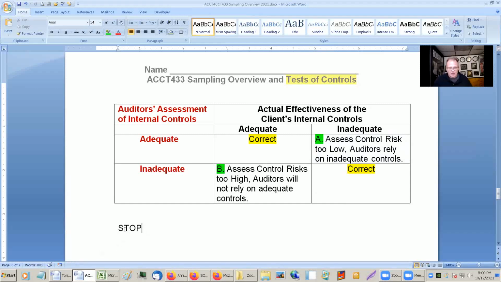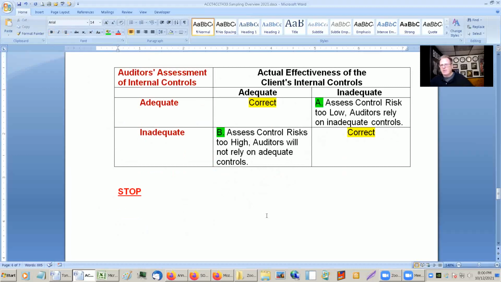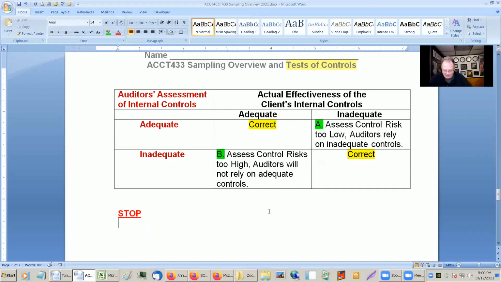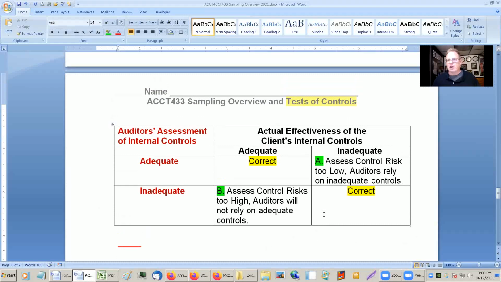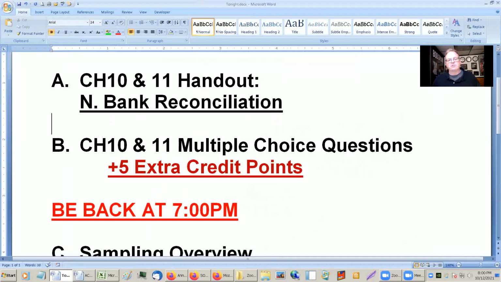And I am going to send out the chapter 10, 11 exam. I won't get it out till tomorrow. I'm working on it tonight. If I do get it done right at night, I'll send it out, but most likely tomorrow. Let me write this down.